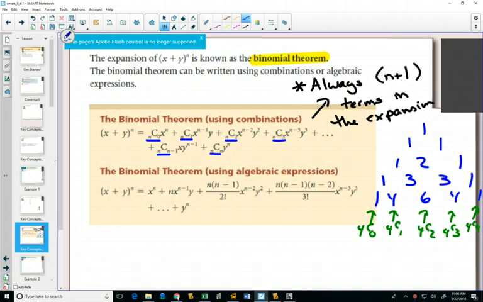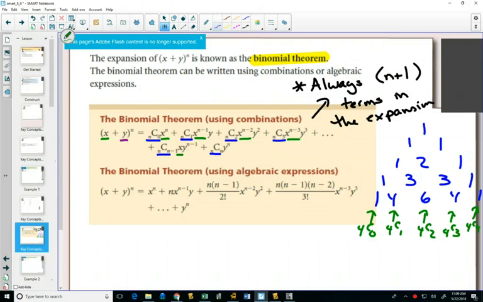Then within your binomial, you have a first term, which I'm going to underline in green, and a second term, which I'm going to underline in purple. Now, your green term, whatever your first term is, you're going to have x to the n of them first, then n minus 1 of them, then n minus 2, then n minus 3, and you keep going down until you have none of them left.